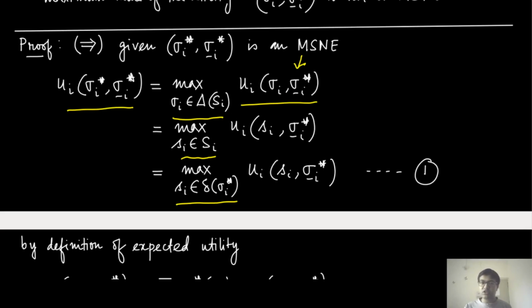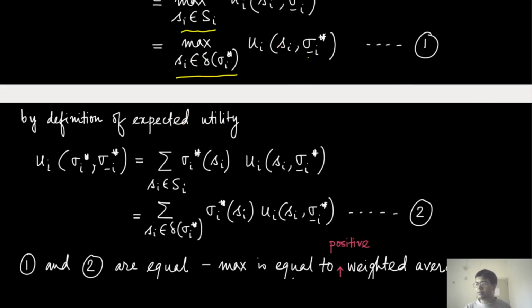So notice that it is not ruling out that the maxima cannot lie outside. It is just ensuring that the maximum must lie within the support. Of course, there could be another utility which is equal, and that is also a max. But within that support, that maximum value should be achievable. So let's call this equality 1, the first expression.